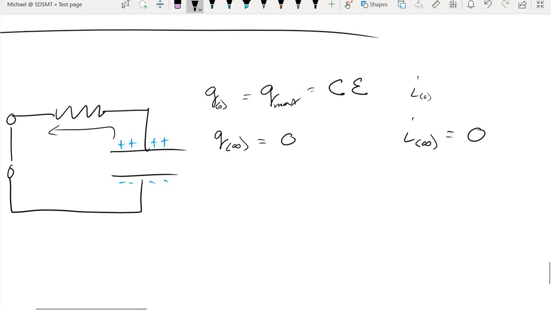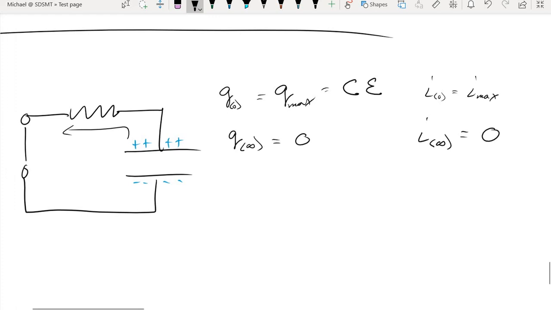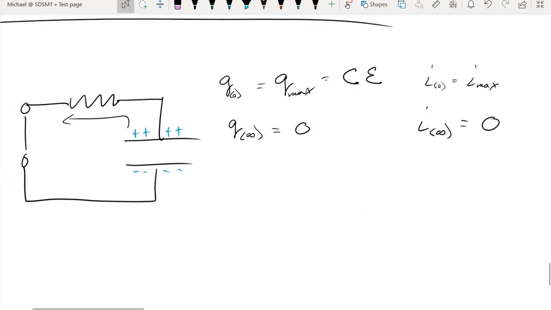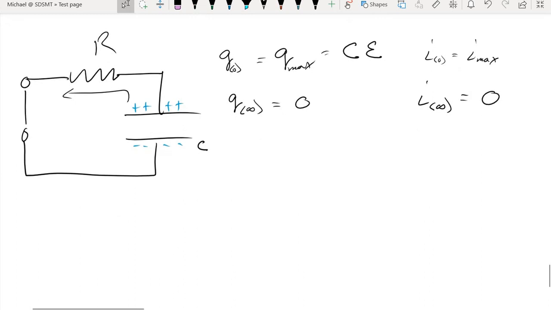But that just implies that the maximum current should occur at t equals 0 again. We're using the same resistor and capacitor as before, but the battery is no longer a part of this closed loop. That is going to change the Kirchhoff's law description.